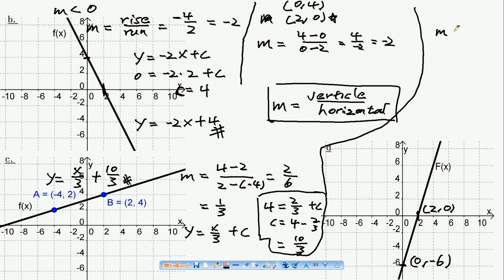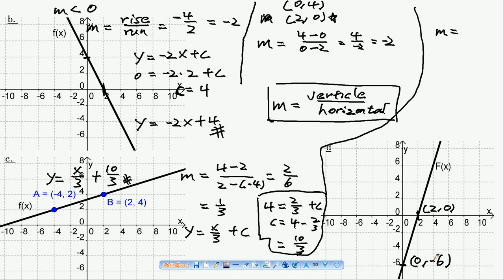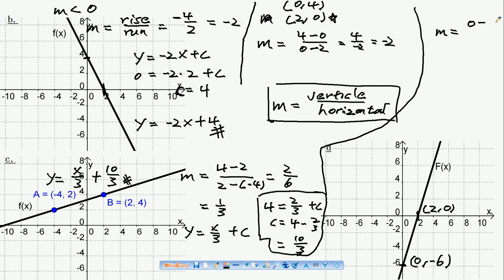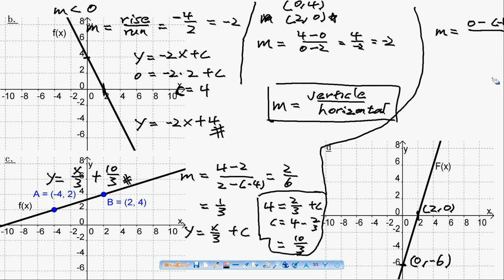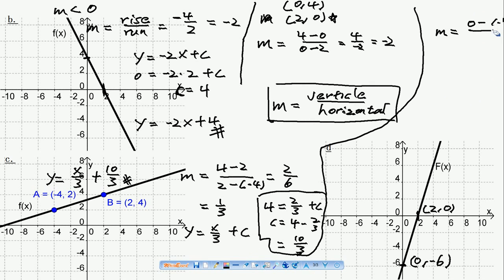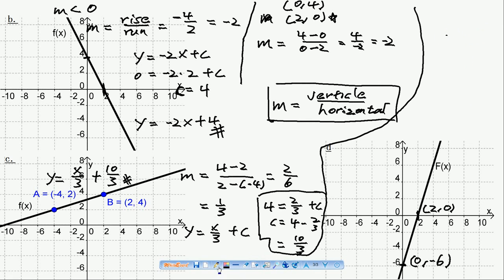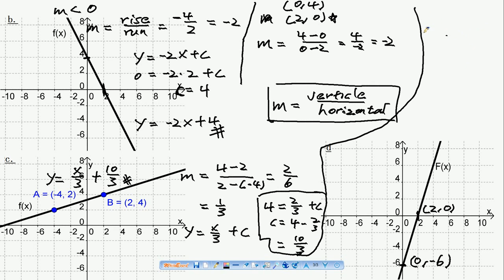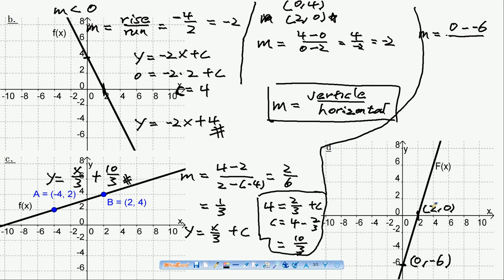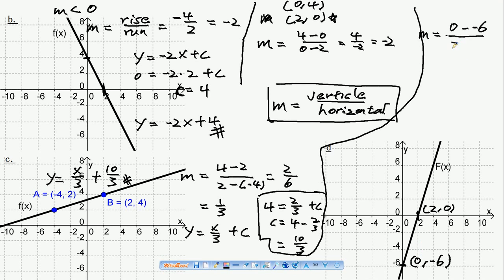So the vertical distance is 0 minus 6. m equals 0 minus 6 divided by the horizontal distance, 2 minus 0, which will be 6 divided by 2, which is 3. The gradient in this case is 3.